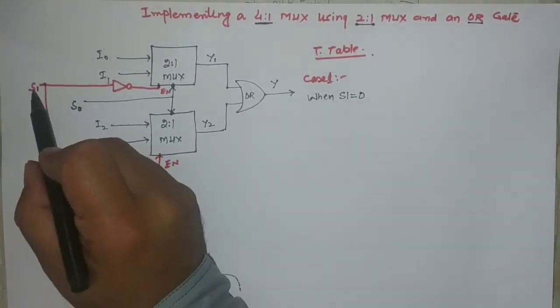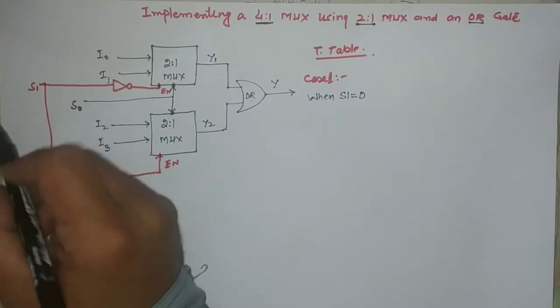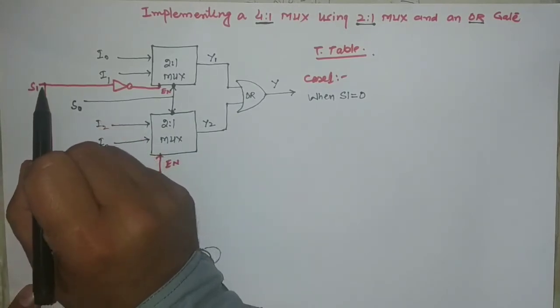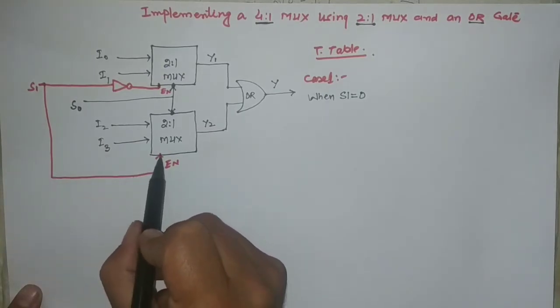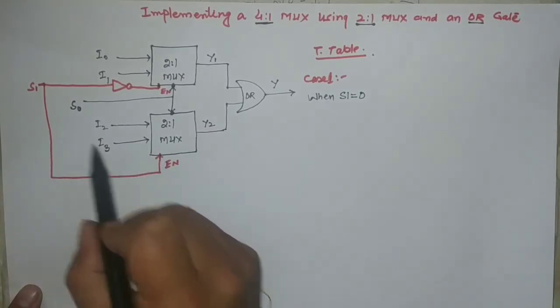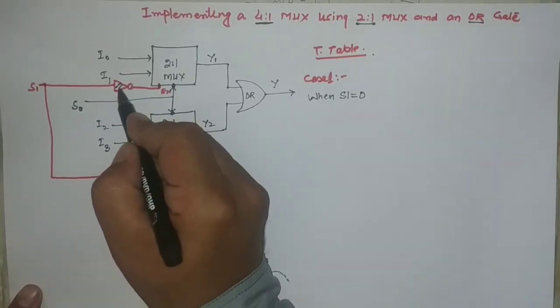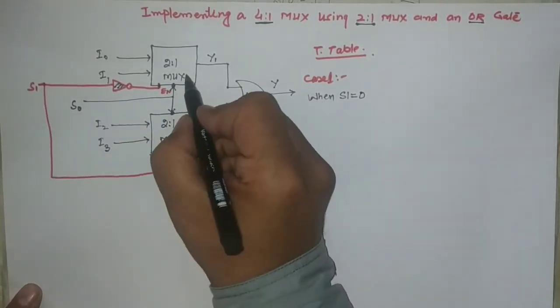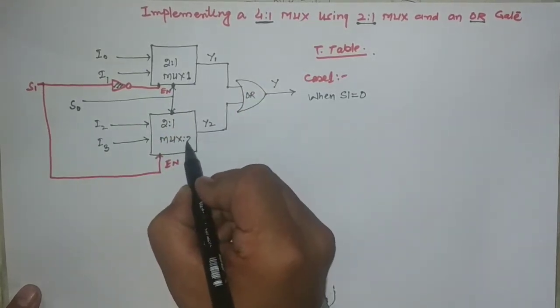When this is 0, the enable becomes 0 for the first multiplexer, and this 0 passes through the inverter for the second. Say this is multiplexer 1 and this is multiplexer 2.